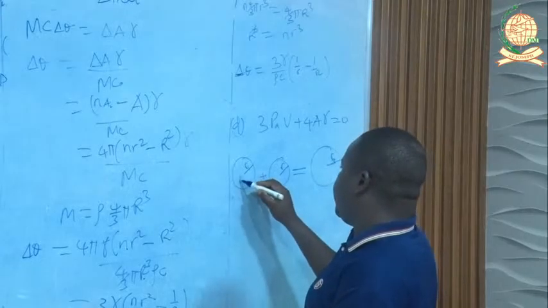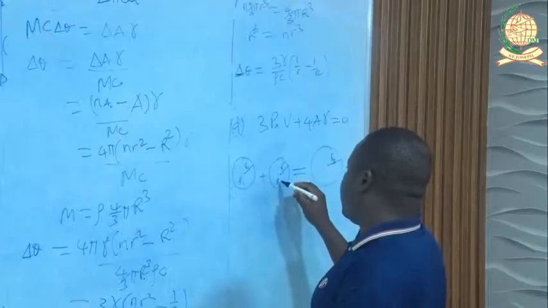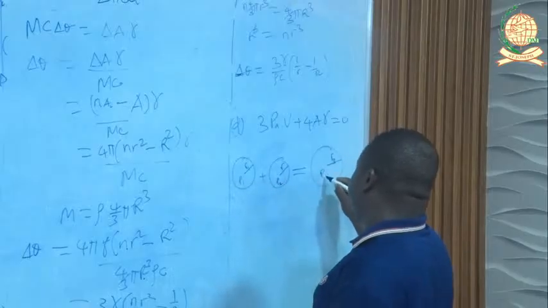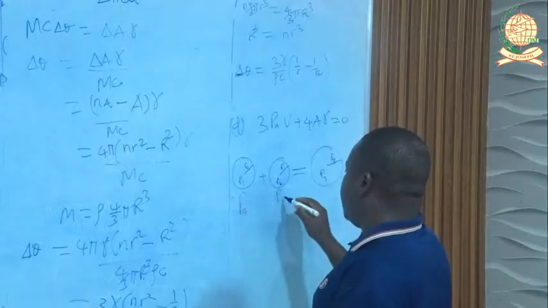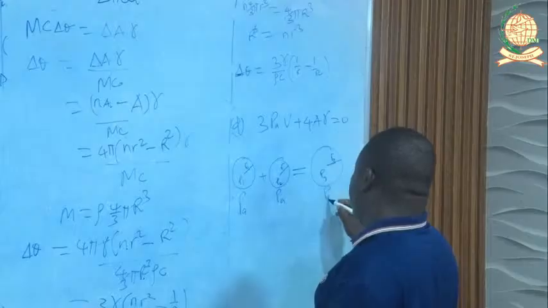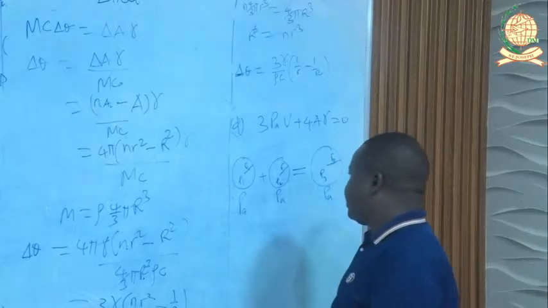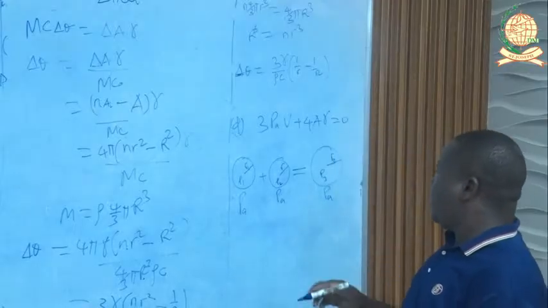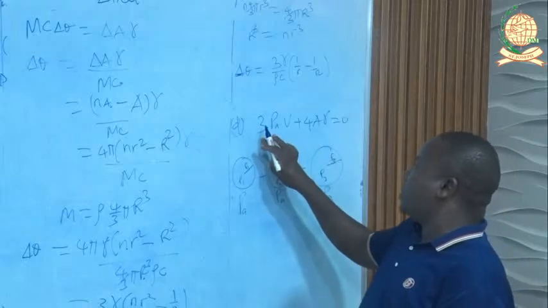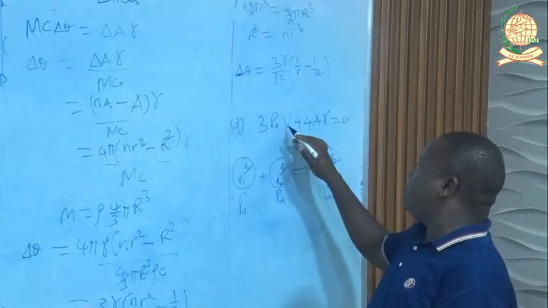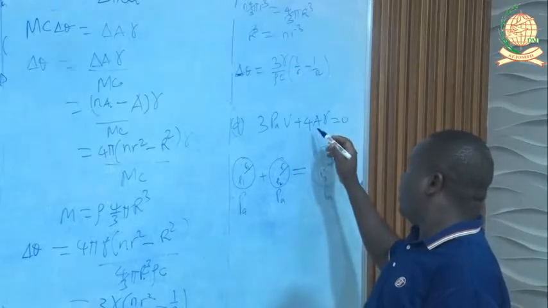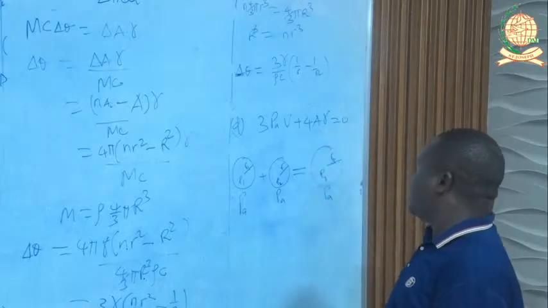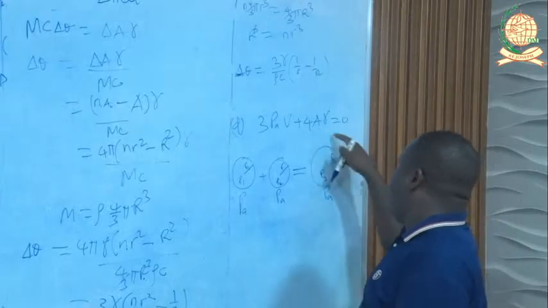So this is pressure 1, this is pressure 2 inside, this is pressure 3. And outside there is atmospheric pressure. Then we are required to show this, with delta V being the change in volume and delta A being the change in area.